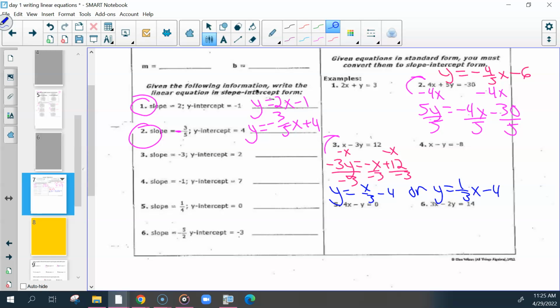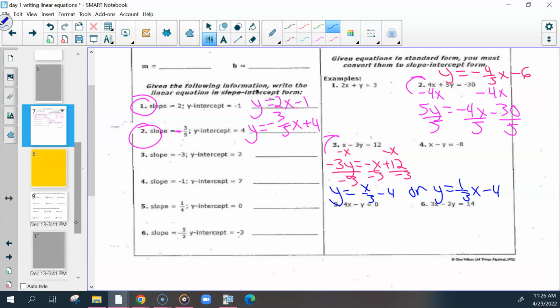Even though they look different, those are the same thing. Do we have any questions on that one? Let's go to the next page.